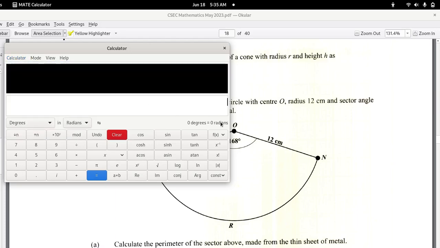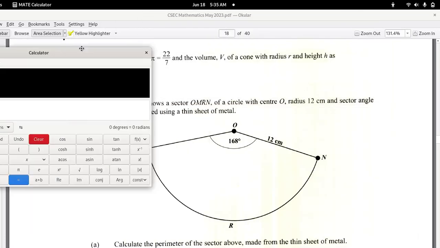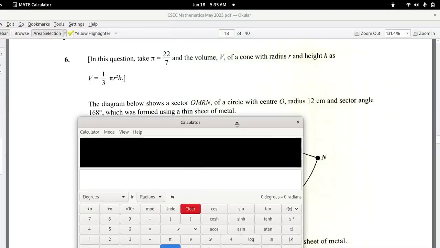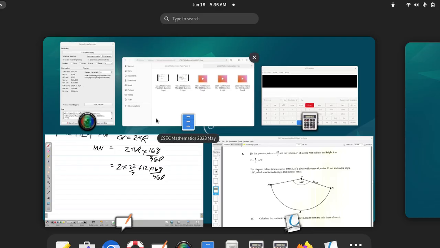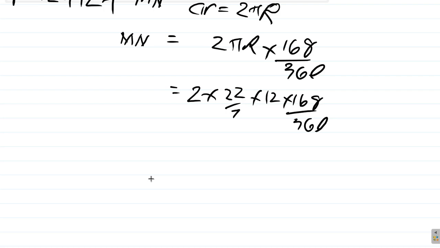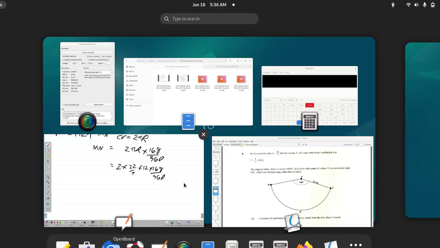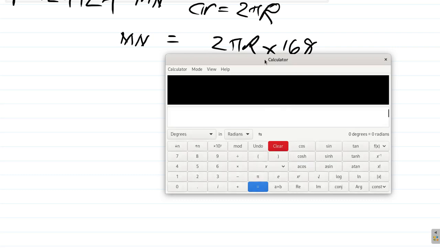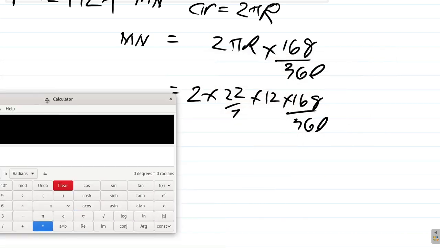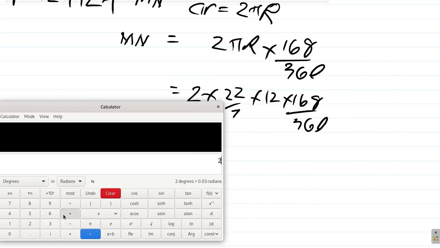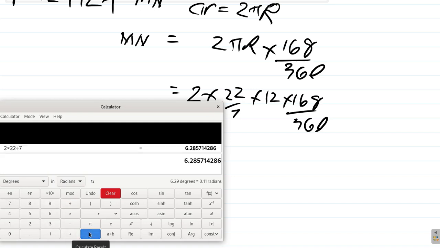So we have 2 times 22 over 7 gives you that.